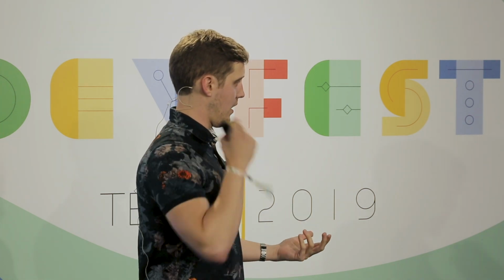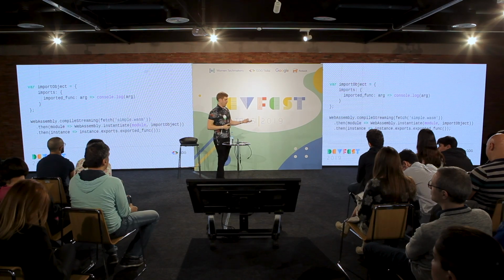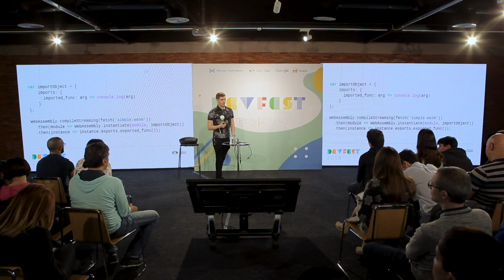We call WebAssembly.compileStreaming and pass it the response from fetching the WebAssembly program. What that's going to do is compile the program, and then we get the module, and then we're going to instantiate the module.